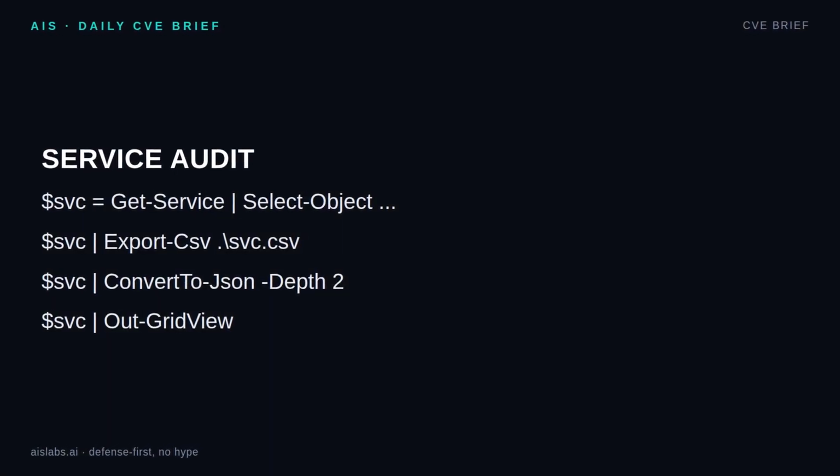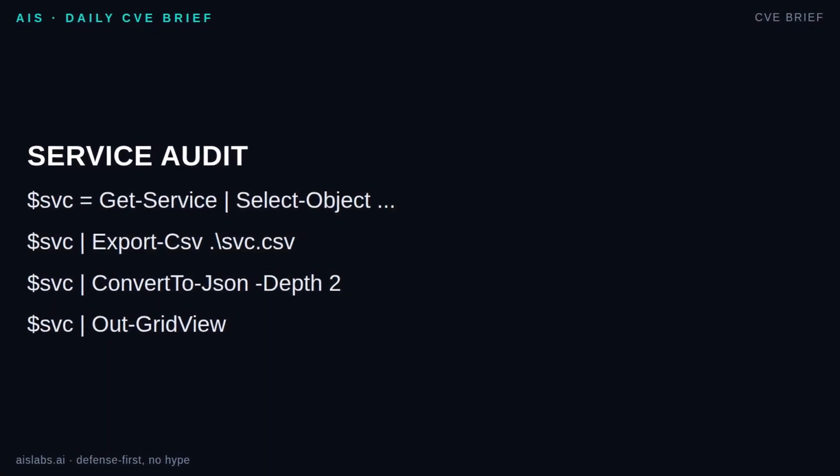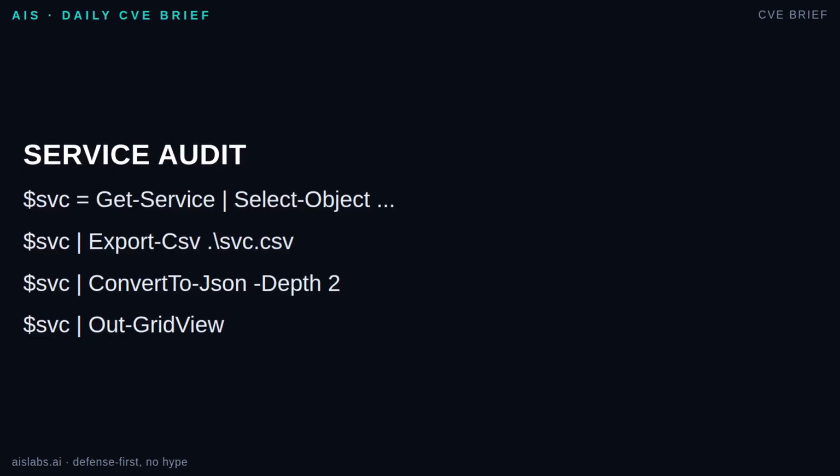Let us make this real. Help desk opens a ticket. Security wants a quick inventory of services on your admin workstation with name, display name, status, and startup type. Do not begin with Format-Table. Run Get-Service and pipe it to Select-Object Name, DisplayName, Status, StartType. Store that in $svc.